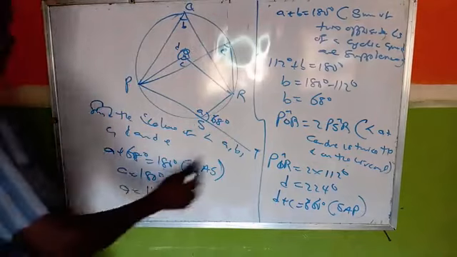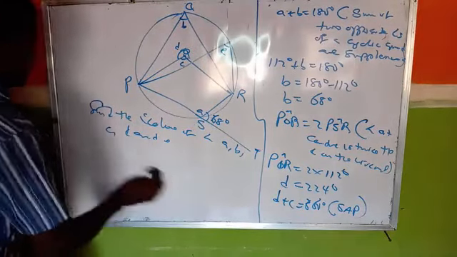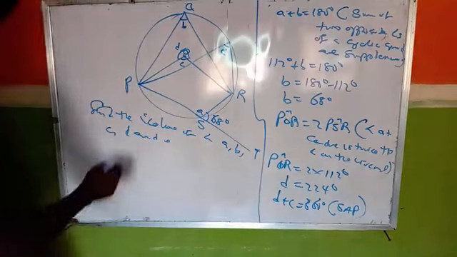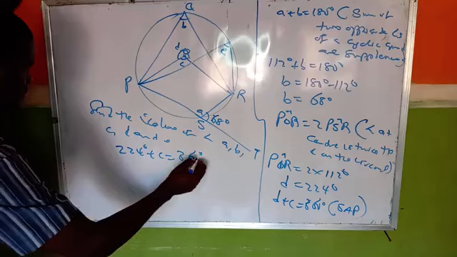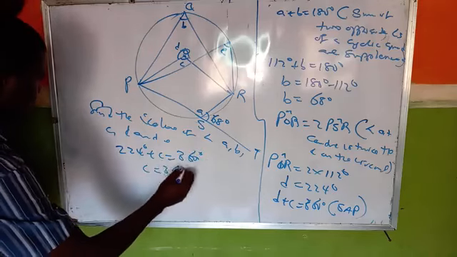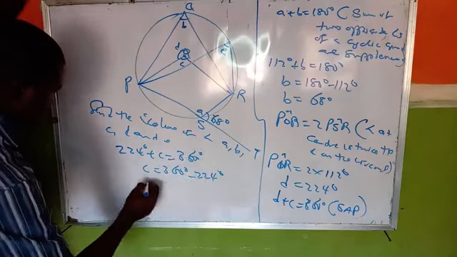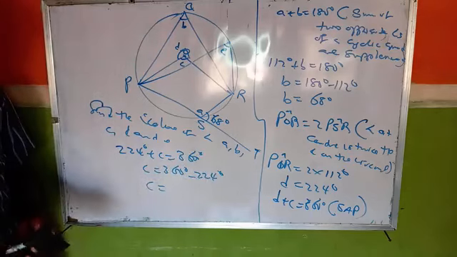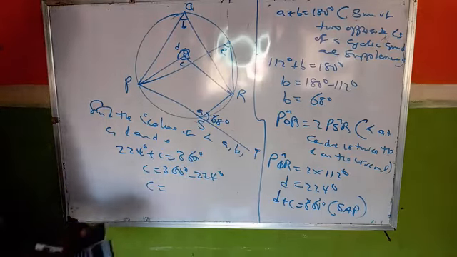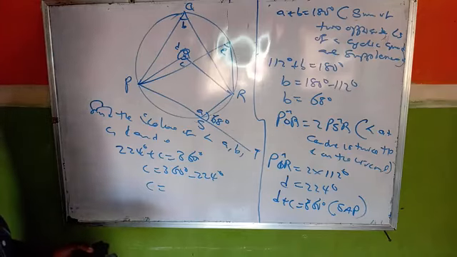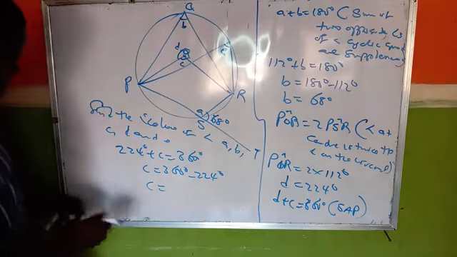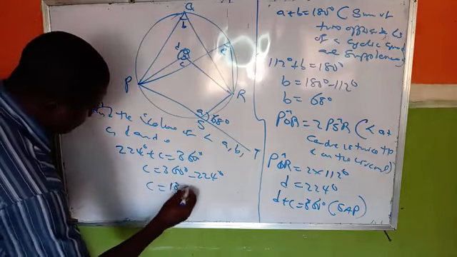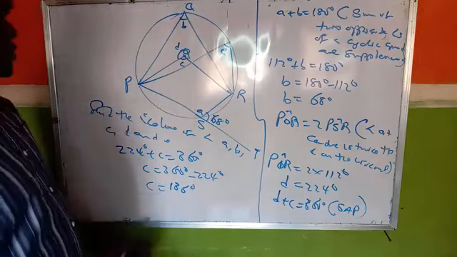So you know D now, that's 224 degrees plus C equals 360 degrees. So C equals 360 degrees minus 224 degrees. That's 136. So angle C is 136.